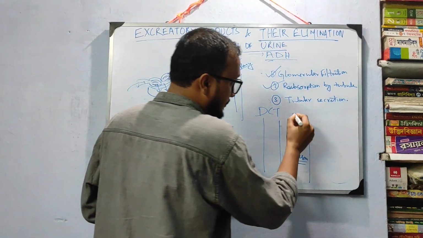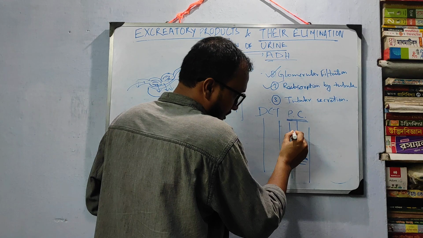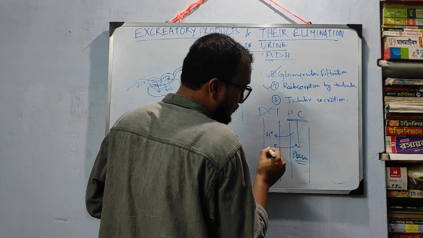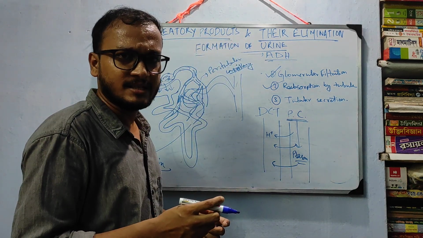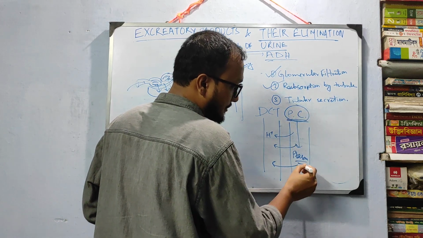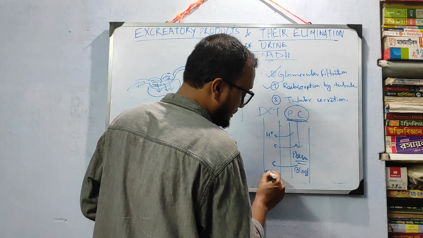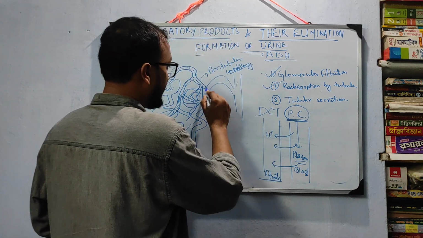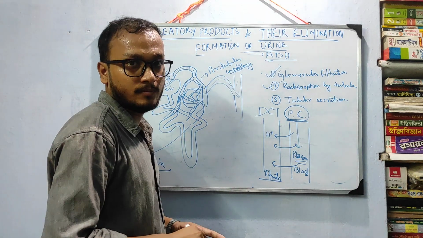How? From the peritubular capillary, the extra ions, that is hydrogen ions, bicarbonate ions, and some medicines, will enter from the plasma or blood to the filtrate, and through the filtrate they will enter the collecting duct and be released in the urine.